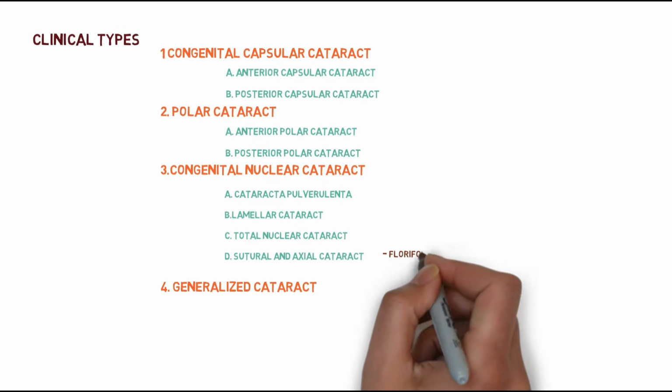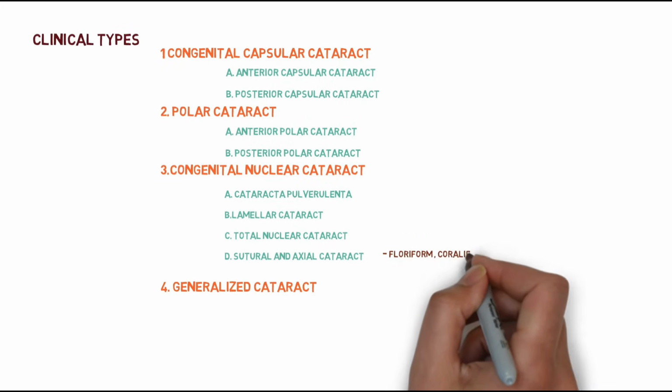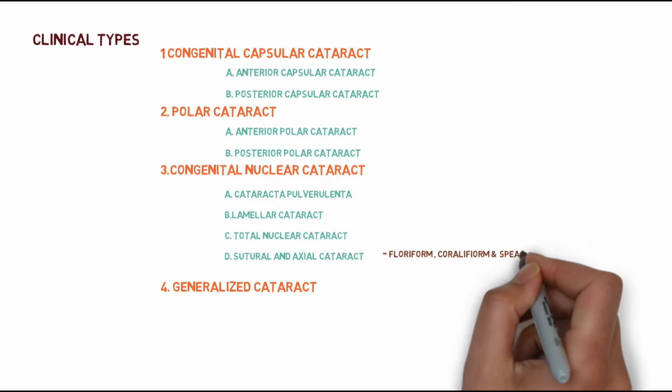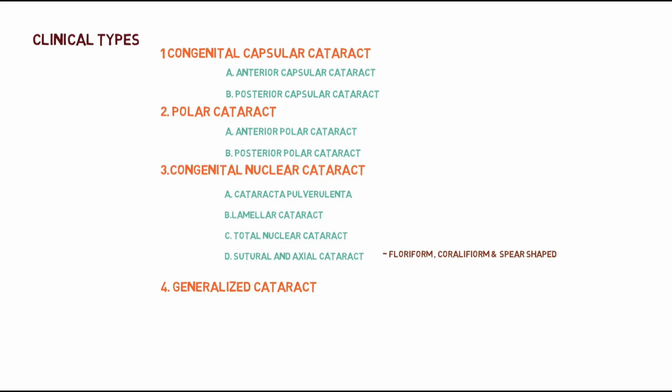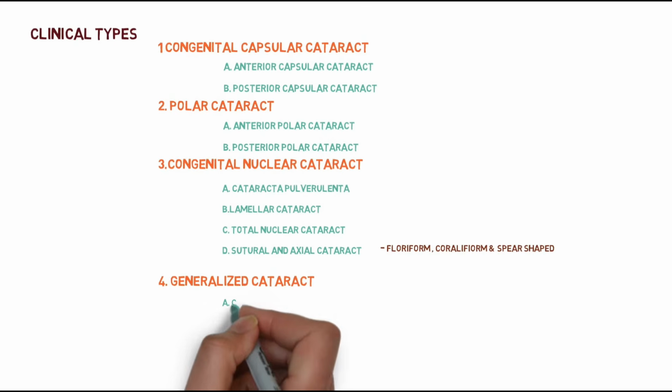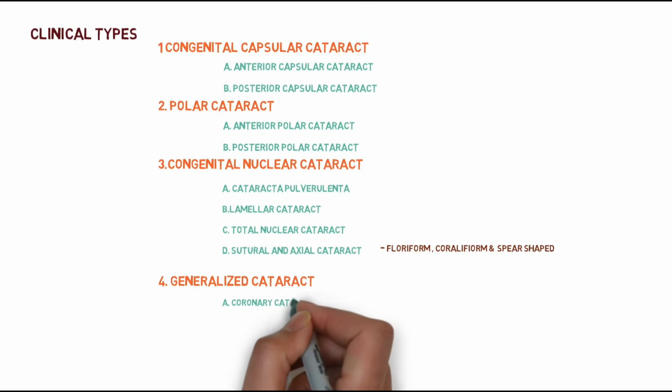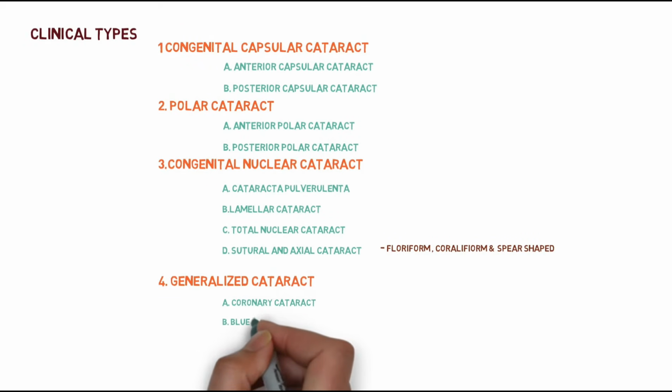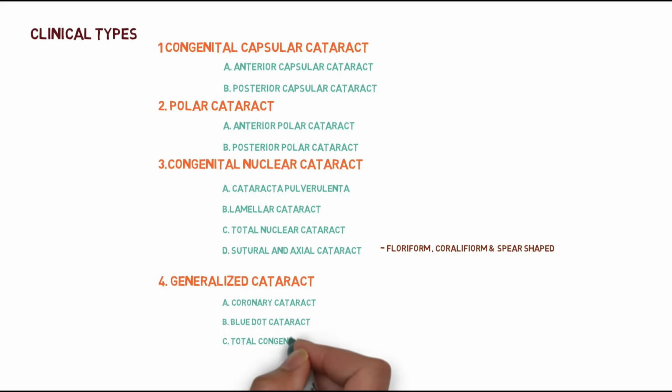And in sutural and axial cataract, there are also subtypes, that is floriform, coralliform, or spear-shaped cataract. And at last, in generalized cataract, there can be coronary cataract, blue dot cataract, total congenital cataract, and at last, congenital membranous cataract.